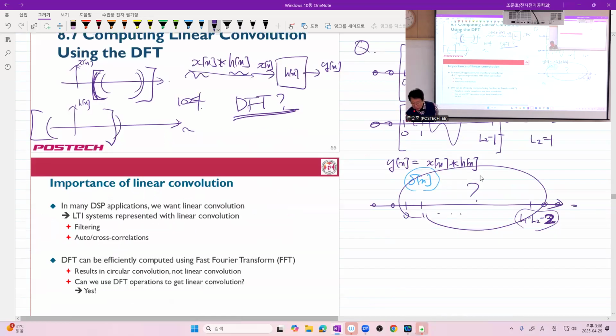In MATLAB, the conv of x and h will give you a vector of length the summation of these two lengths minus one, as you see here. Got it? See that? This is L1 minus 1 plus L2 minus 1 plus 1. No, sorry. Minus 1. Yeah, got it?